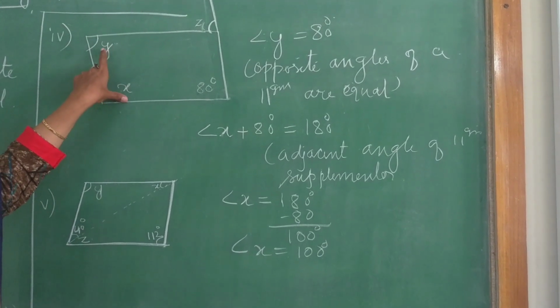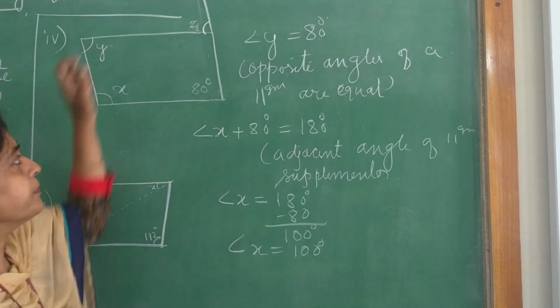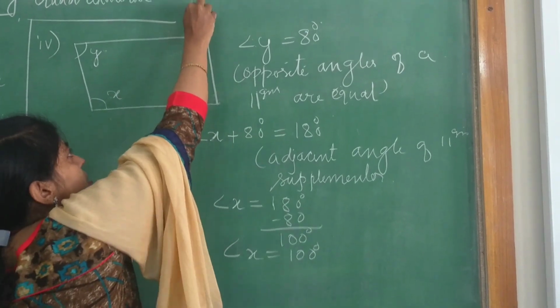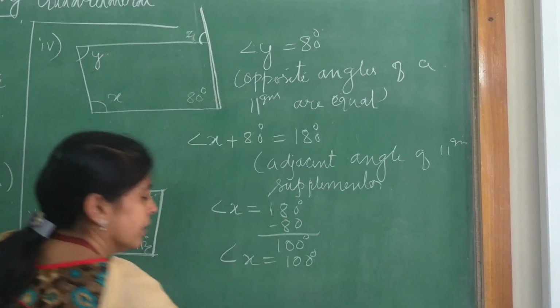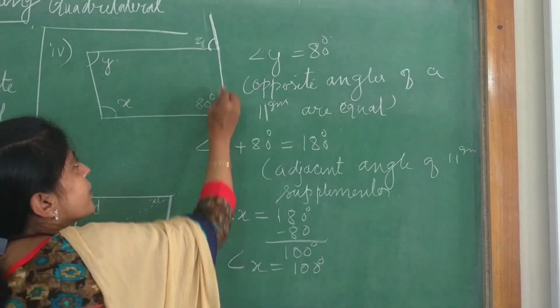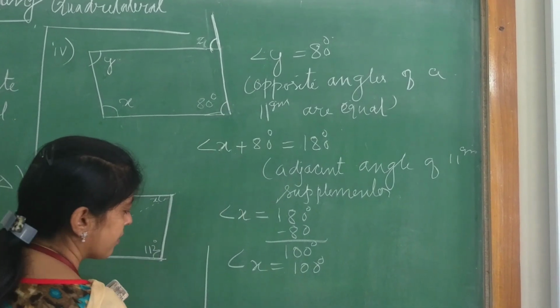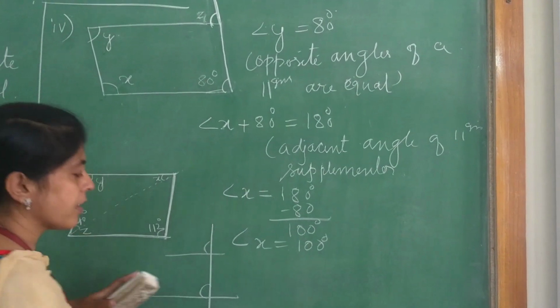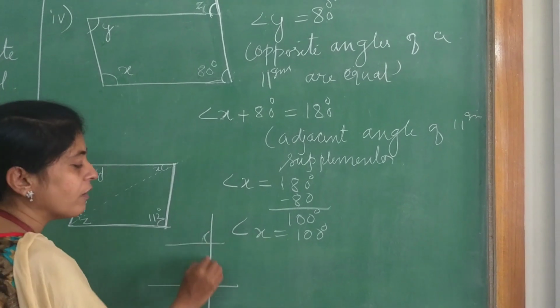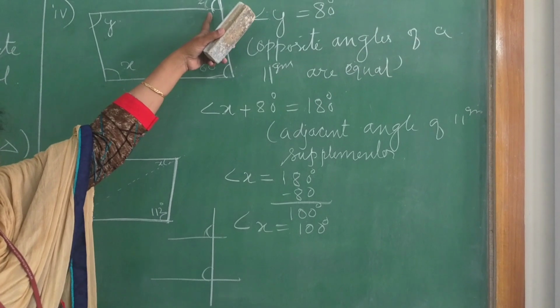So we found now y as well as x. So we need to find z. When you look at this, you can see these are the two angles formed like this. F type of angles are always said to be corresponding angles, and corresponding angles are always equal.